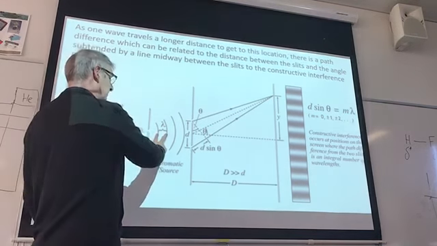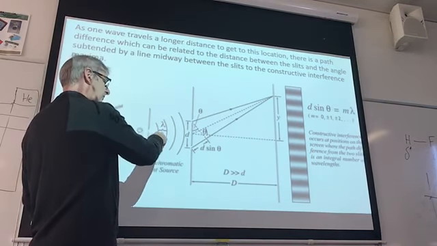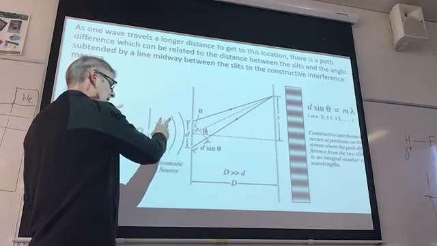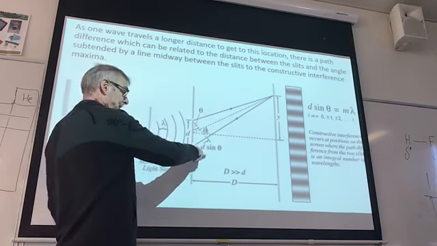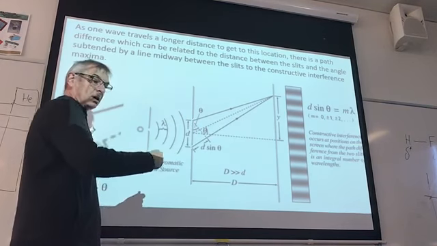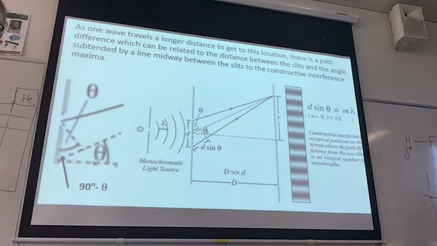So the distance between the crests, which is what these lines are representing, will be the same throughout the experiment because, as we learnt yesterday, the wavelength, frequency and velocity don't change because the medium's not changing.